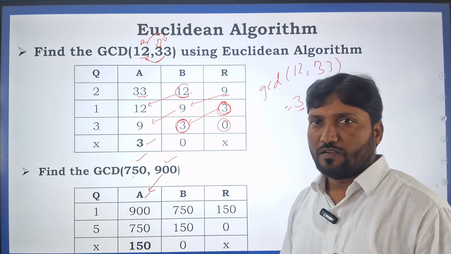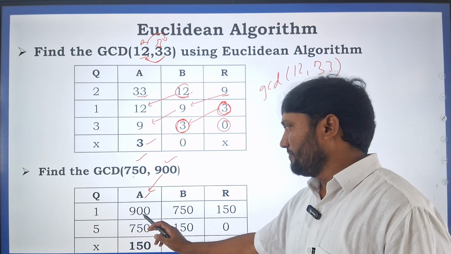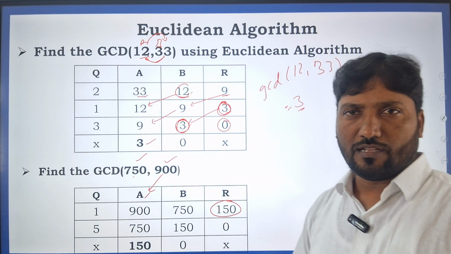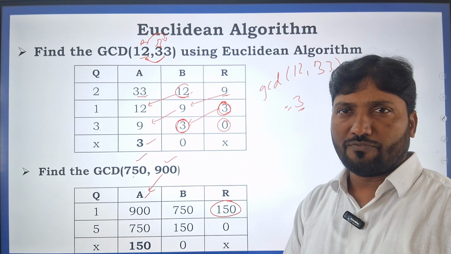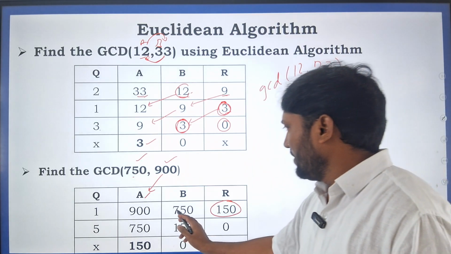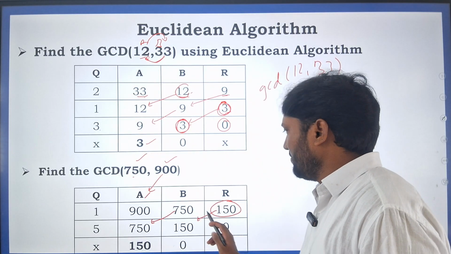Now apply the division algorithm: 750 once is 750, and the remainder is greater than 0. We simply replace the B value in place of A and the remainder value in place of B. So now the B value becomes A, and the remainder value becomes B.